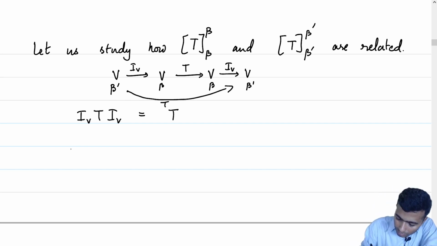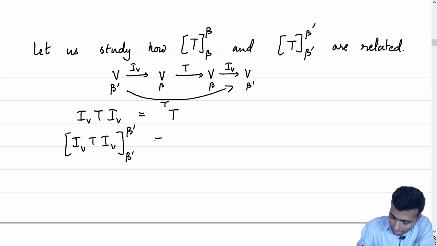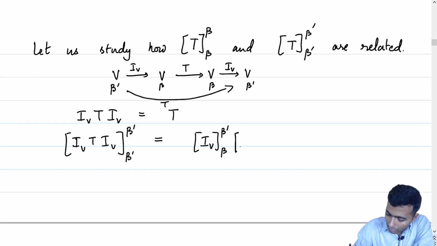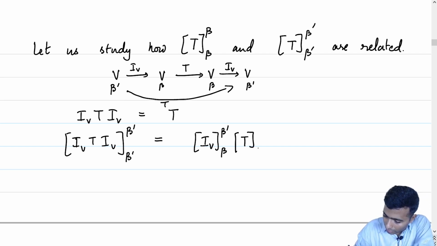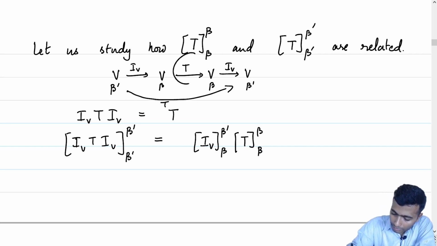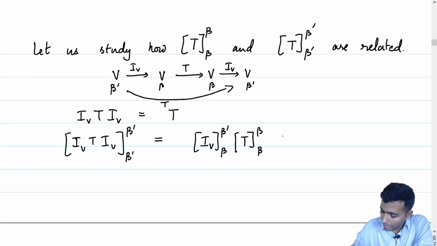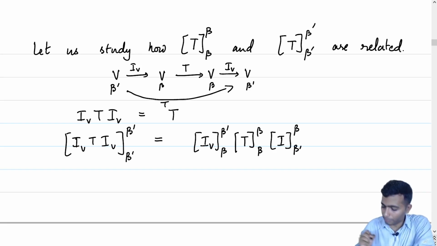This IV T IV with respect to beta prime, by what we have seen earlier, is nothing but IV from beta to beta prime, times T beta to beta, and times IV from beta prime to beta.